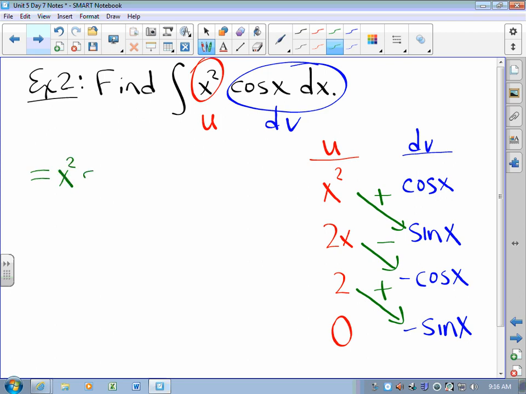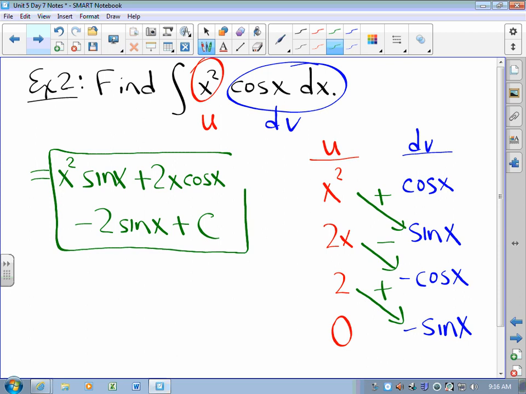Our integral is x squared sine x minus a negative 2x cosine x plus a negative 2 sine x plus a constant. Tabular integration allows us to do integration by parts over and over and over again. Oh heck, I'll go one more.